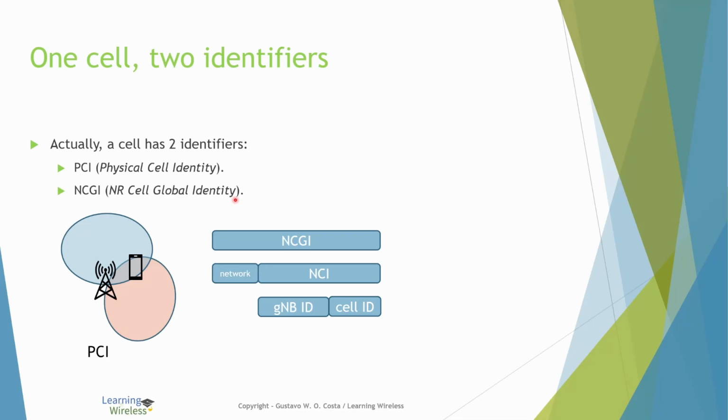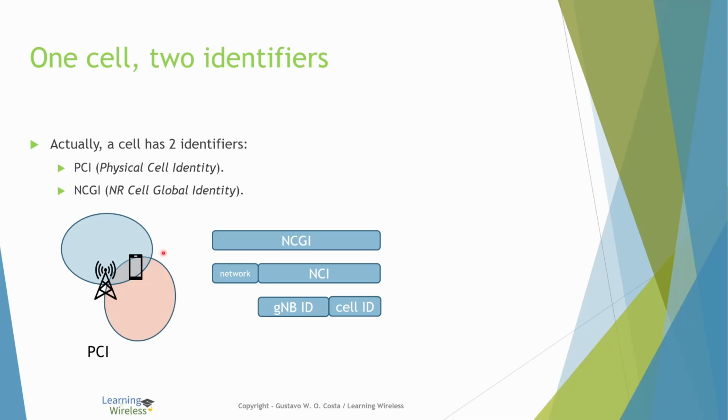So first of all, the PCI. When we have multiple cells, there is always some overlapping coverage area between the different cells that's needed for the sake of smooth mobility. So that when a device is located in such a position, actually it would receive a relatively high signal from both cells. And it's very important for a number of reasons that the device is able to distinguish if the signal is coming from a cell or another.